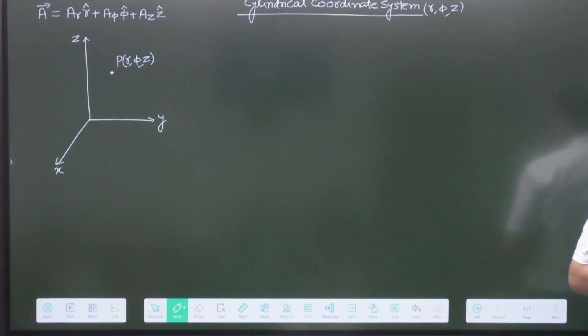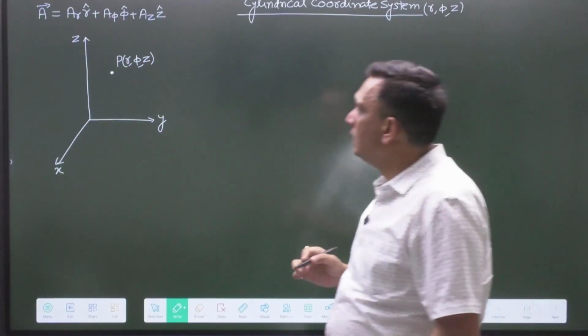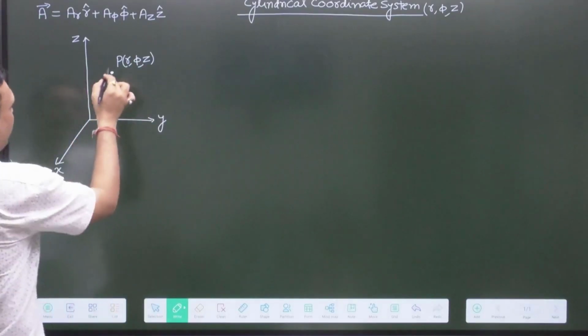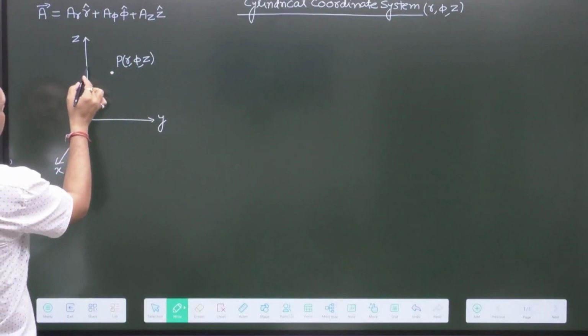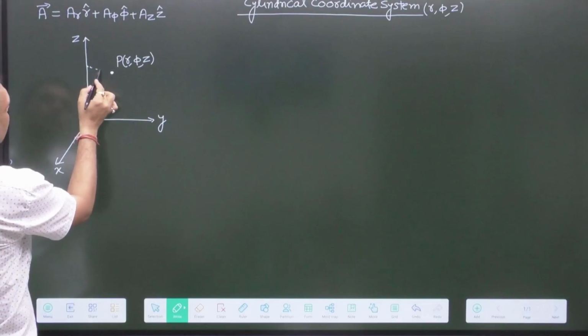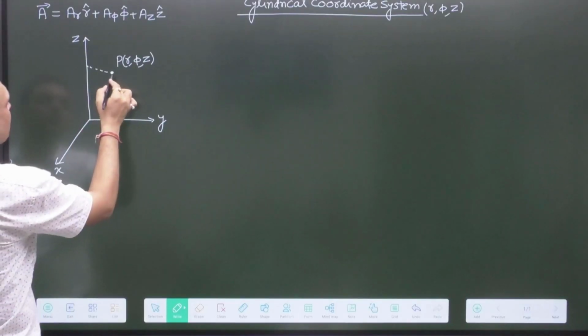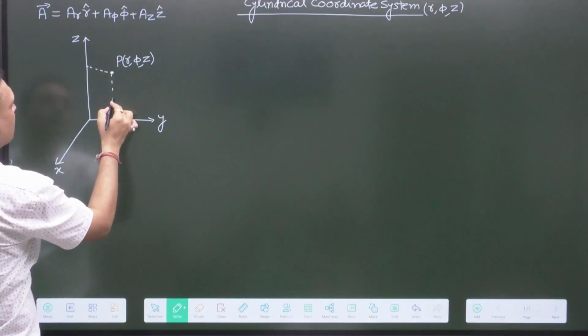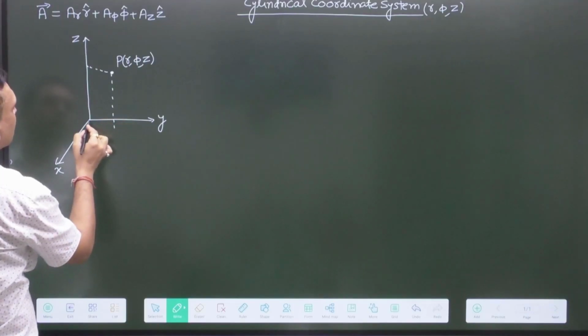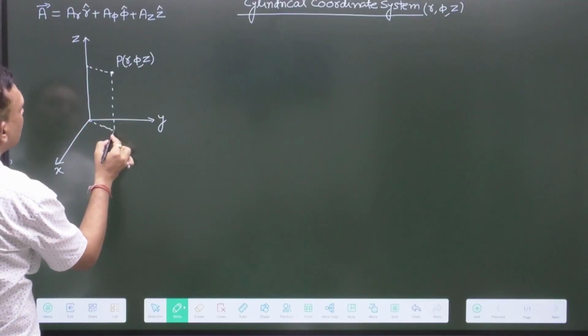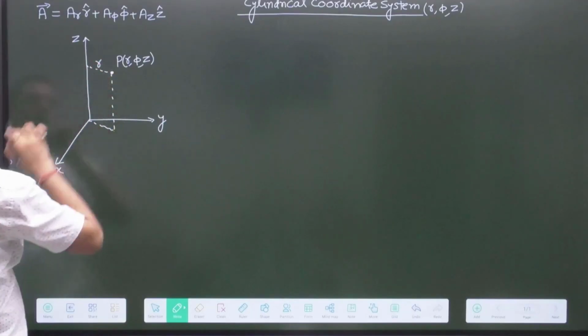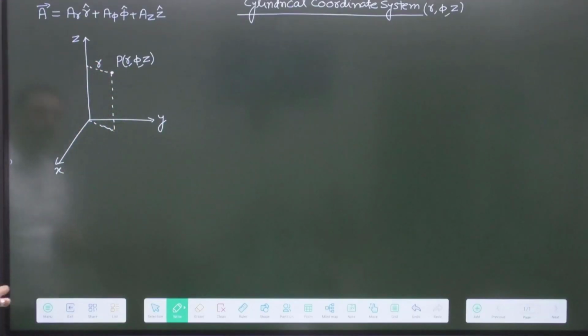Point P lies on the surface of a cylinder, where R is the radius of the cylinder.